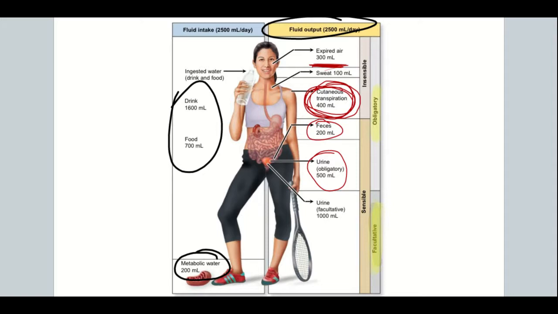It's the minimum amount of urine that your body has to produce in order to effectively get rid of all the wastes that your body needs to get rid of. So there's that obligatory volume. Anything above that, 500 milliliters, is going to be facultative. The more fluid that you drink, the more facultative urine formation you would be seeing.